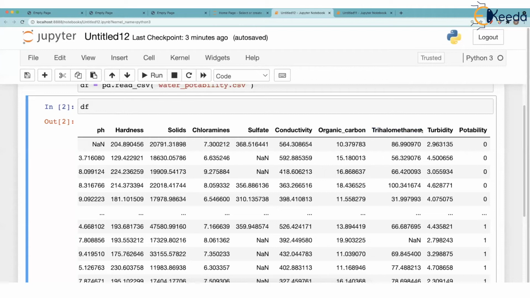I know you won't understand a lot, including me, but at least we can get nearer to understanding what each column means and what role it plays in deciding whether water is potable or not. Like if this value is 86, water is not potable. But if it is 66, it is potable, isn't it? But what this column is and what it contributes, we don't know.